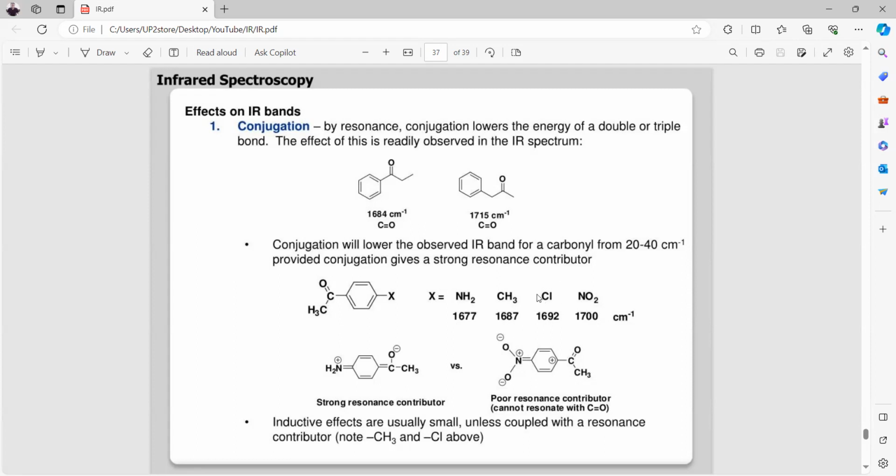If we have chloride, it absorbs around 1692. If we have a nitro group, it absorbs around 1700. What is the reason for this? The inductive effects are usually small unless coupled with a resonance contributor. This shows the difference between the methyl group and chloride above.